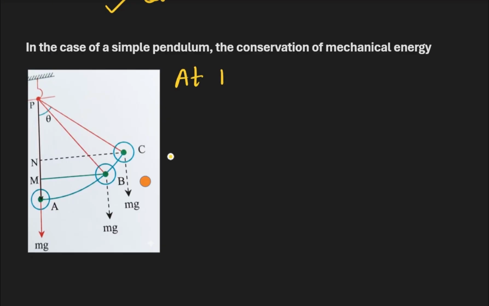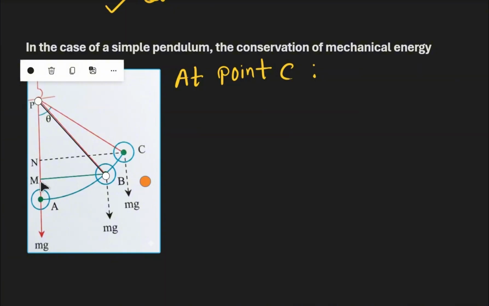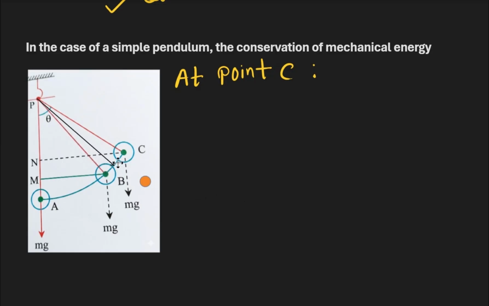At point C, let's say the height from P to A is PA, up to B the height is AM, and from B to C the height is MN, right?